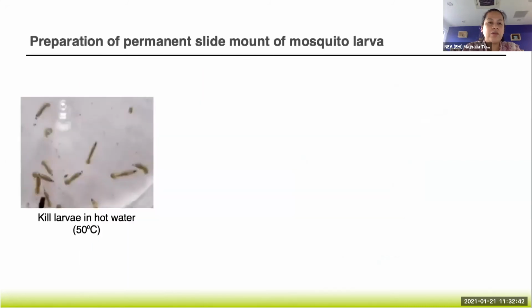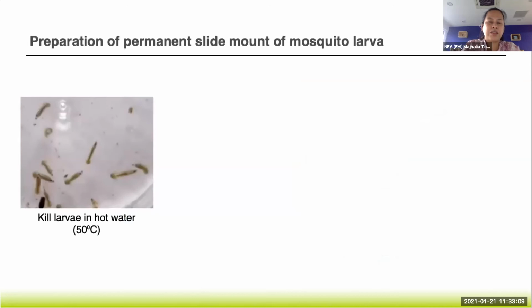All right. So when you have your larvae, you kill it in hot water, not in boiling water. Usually we prefer to use 50 degrees centigrade. Why is that? The reason is that when you kill with hot water that is too hot for the larvae, they tend to have this extended neck from the thorax to the head.